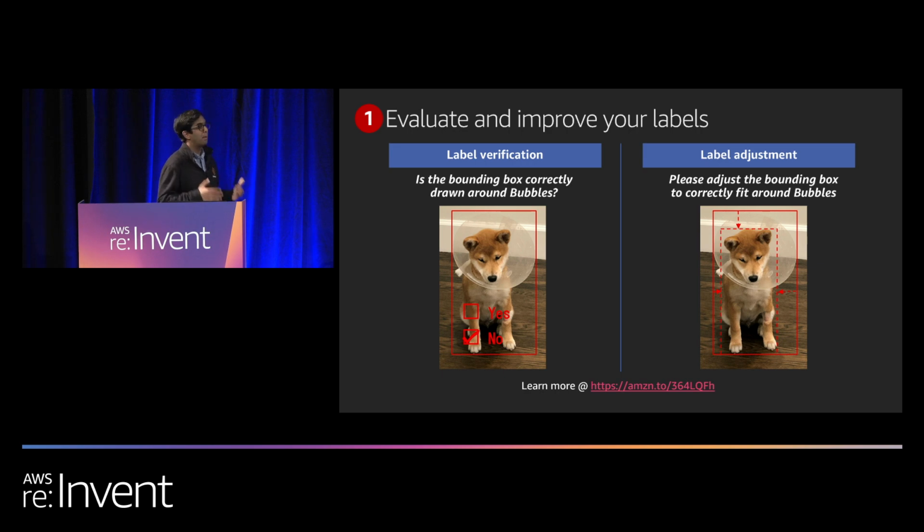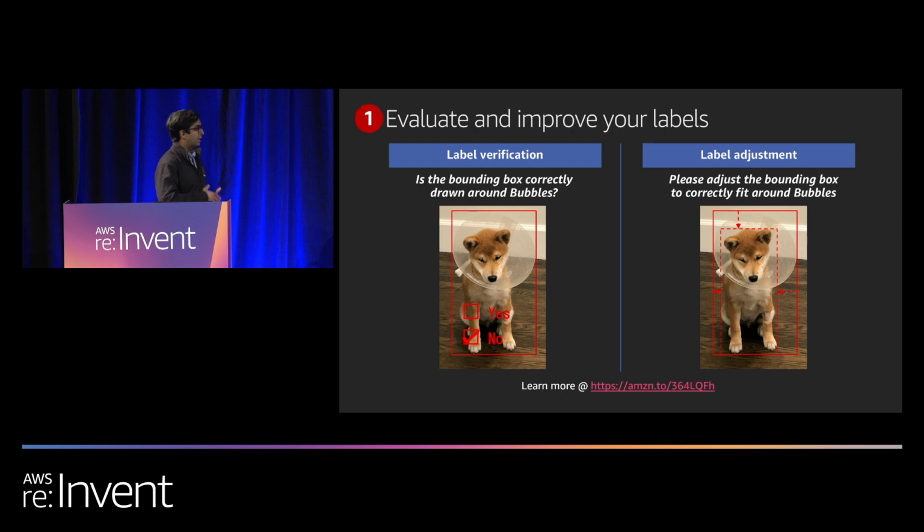But the cone should not be incorporated in the bounding box for object detection, because the model is then going to learn from noise to some extent, right? So that label is incorrect, and that should be surfaced in an expert review of the labels. And then you would send it through an adjustment process to correct the labels.